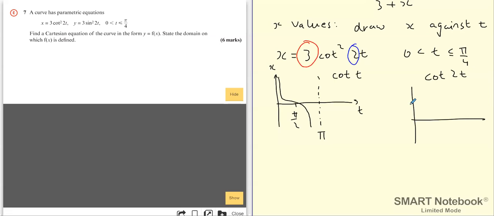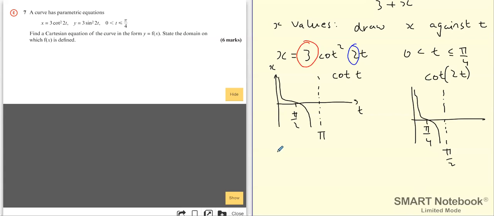X values divided by 2, opposite of what we would expect, or times by a half. So now, if this takes pi over 2, this point here is pi over 4. Are you happy with that? Does that make sense? So cot 2t, this is us saying f of 2x.